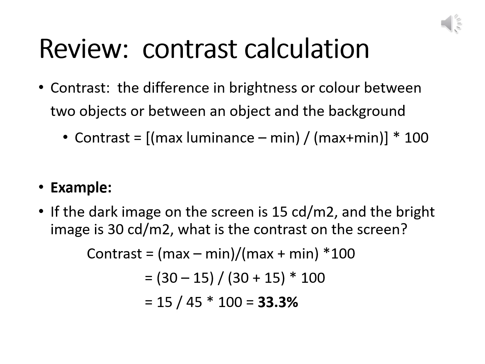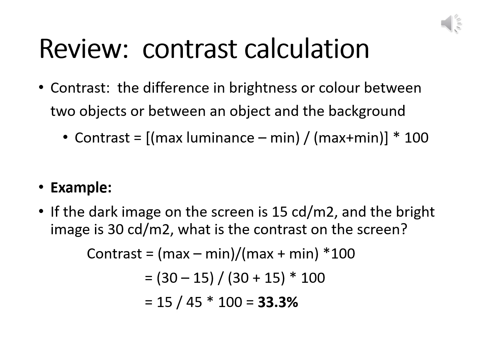For example, if the dark object on the screen has a luminance of 15 candelas per meter squared, and the bright image has a luminance of 30 candelas per meter squared, we can calculate the contrast in this way. The bright object with a luminance of 30 is the maximum luminance, and the dark object with a luminance of 15 is the minimum luminance.